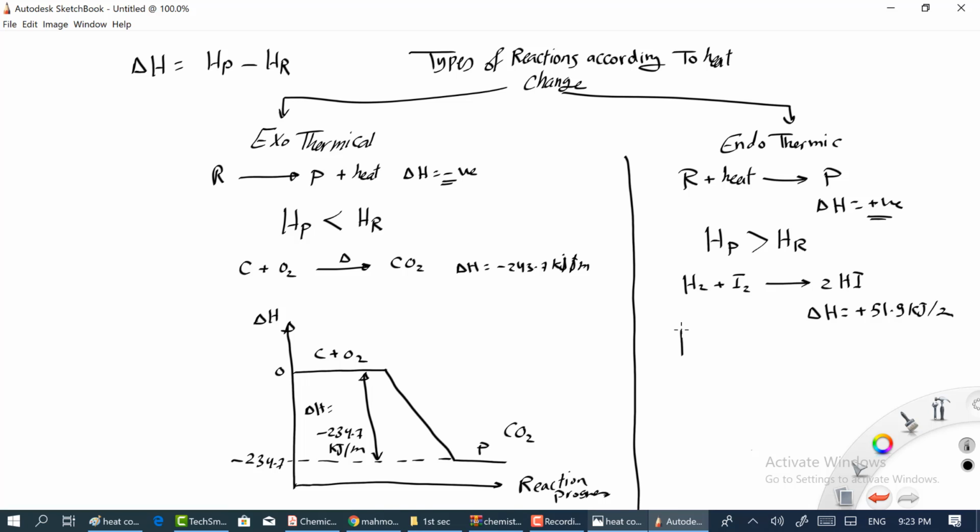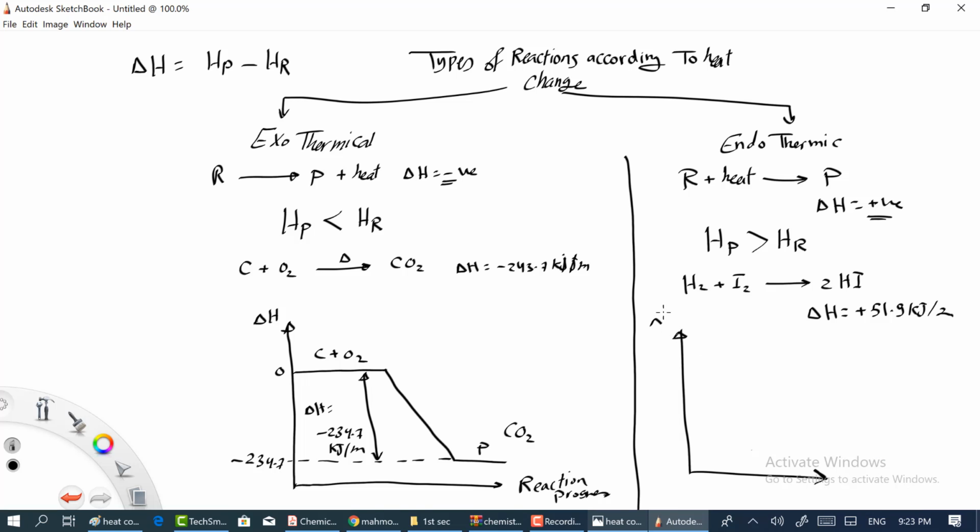So we'll find delta H starting from 0 for the reactant, hydrogen plus iodine, giving us the product 2HI at 51.9 kilojoule per mole.